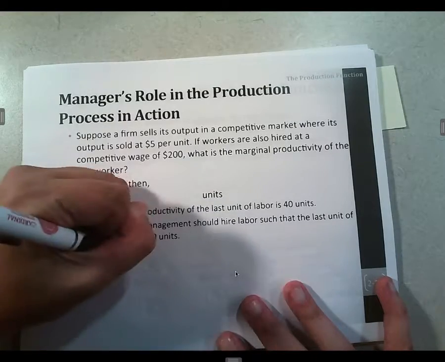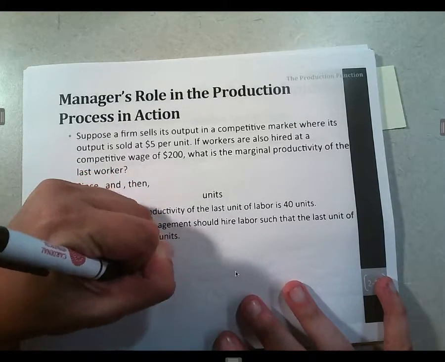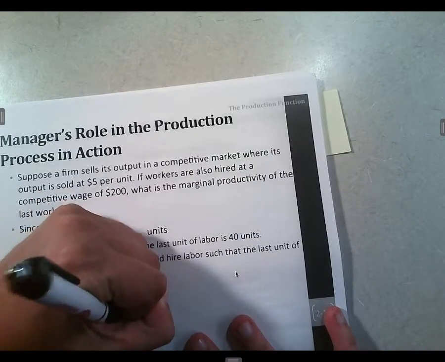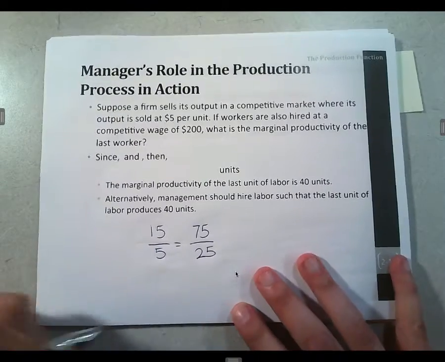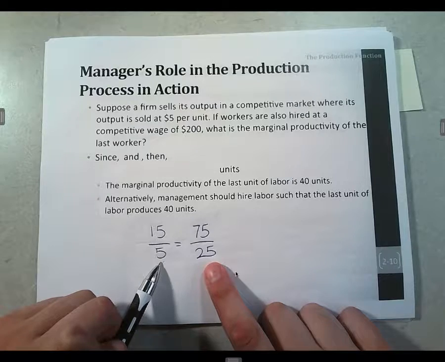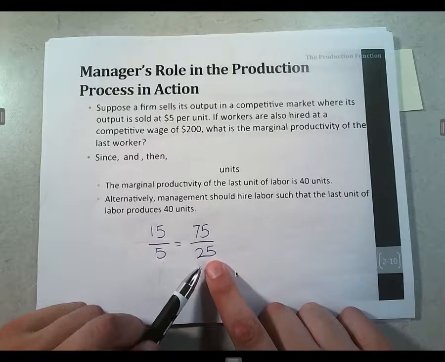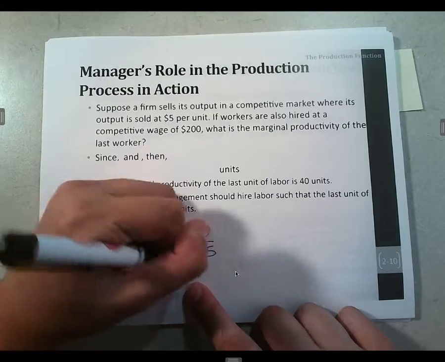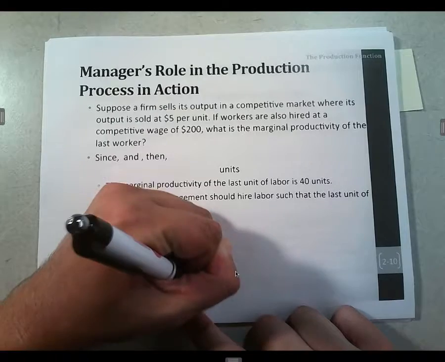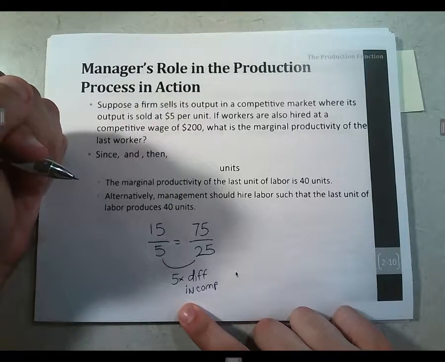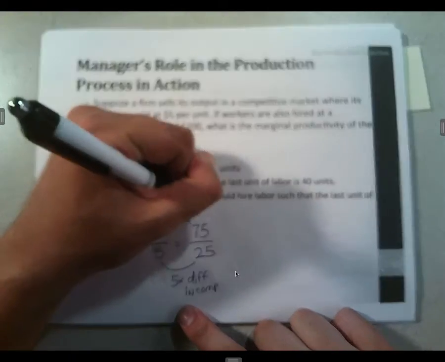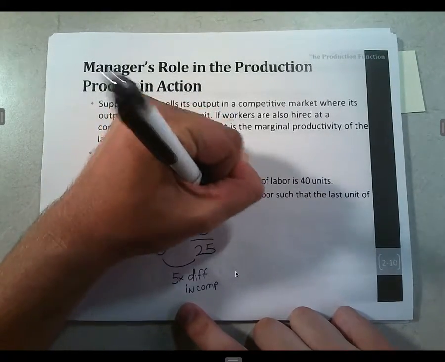Then I could have a justification why a certain input is paid $5 an hour and a certain input is paid $25 an hour. There's a 5 times difference in compensation that's directly reflected in a 5 times difference in productivity.